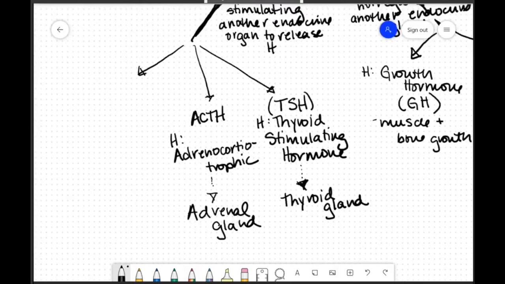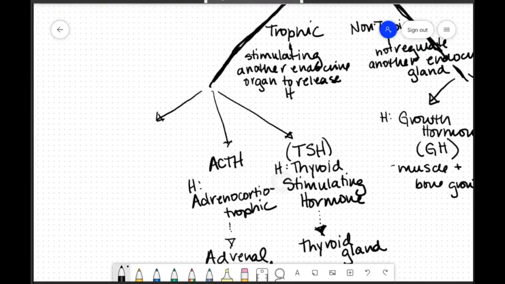The last trophic hormones are going to be a family of two different hormones. So these hormones are technically, I'll just go ahead and draw, we'll do it this way. These two over here act very similarly. We'll have the hormone FSH and the hormone LH.